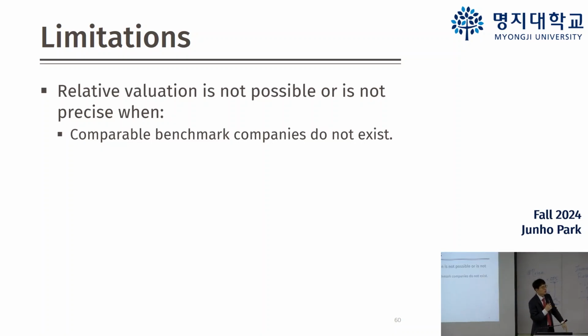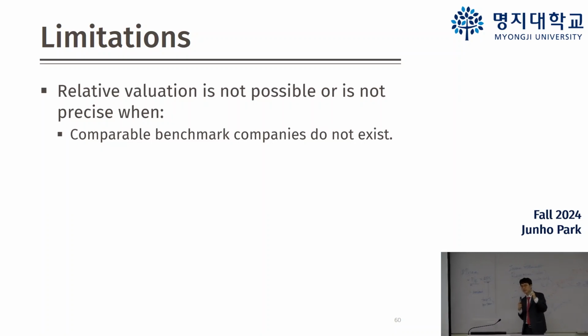For example, you cannot use the relative valuation if one company is a monopolistic one. For example, it is difficult, I'm not saying not possible, but it is really difficult to get the stock price of Google by using the relative valuation because there is no competitor per se.